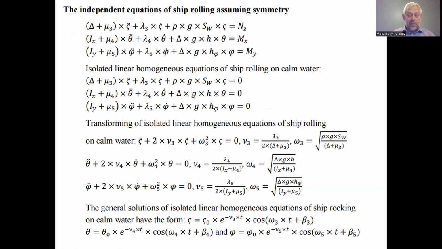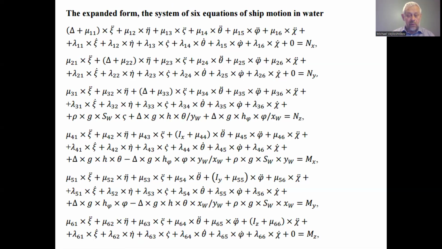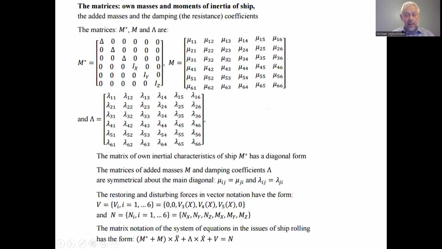And after a definite transform, assuming the ship symmetry, we consider these main types of ship rocking independent of the other three types, and we can simplify the factors in these matrices of the added masses and the damping coefficients.